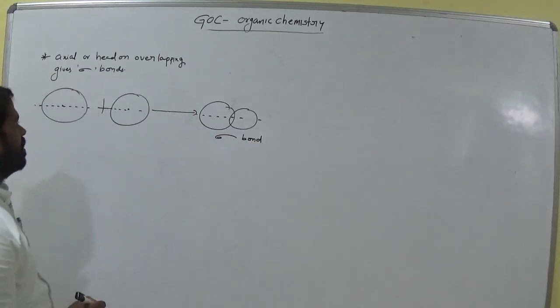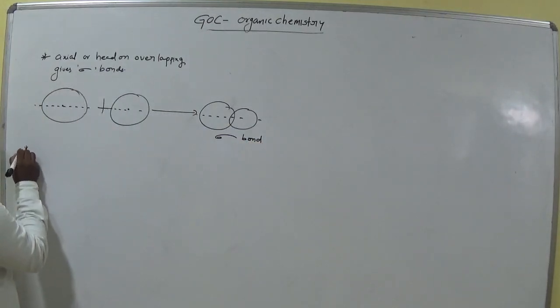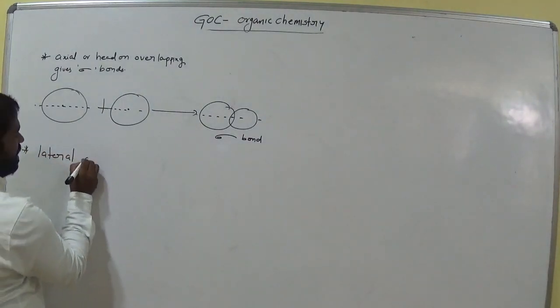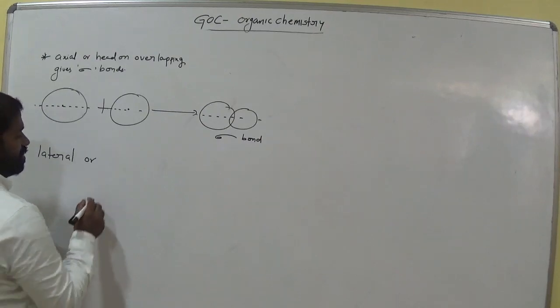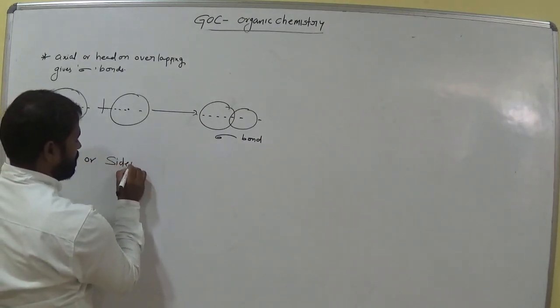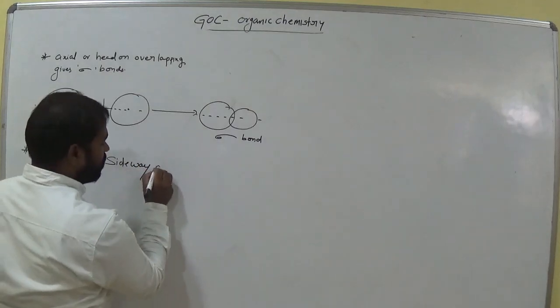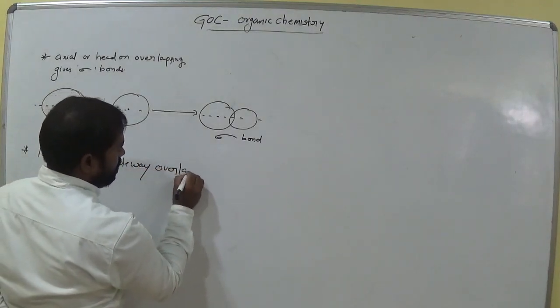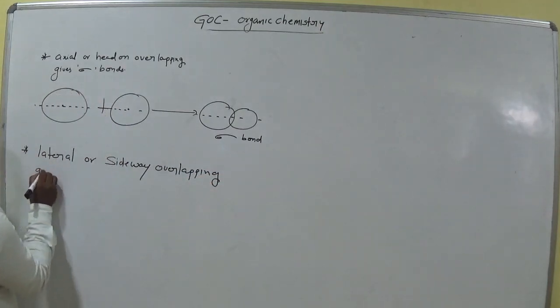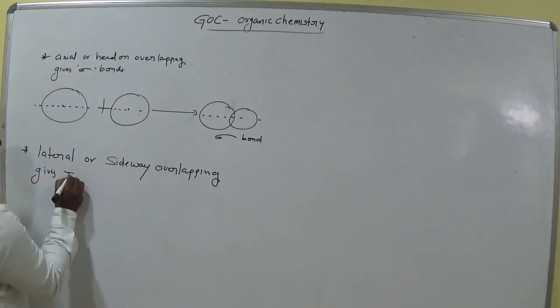Okay. Now lateral or sideway overlapping gives a pi bond.